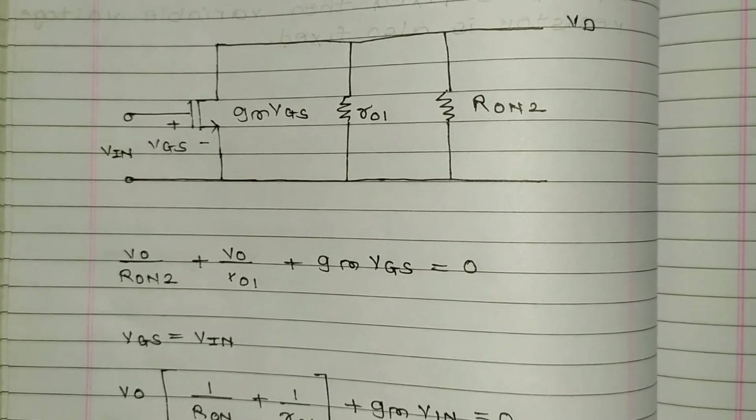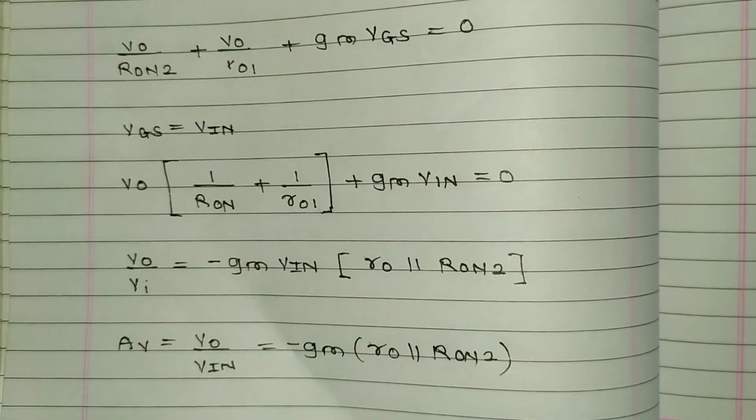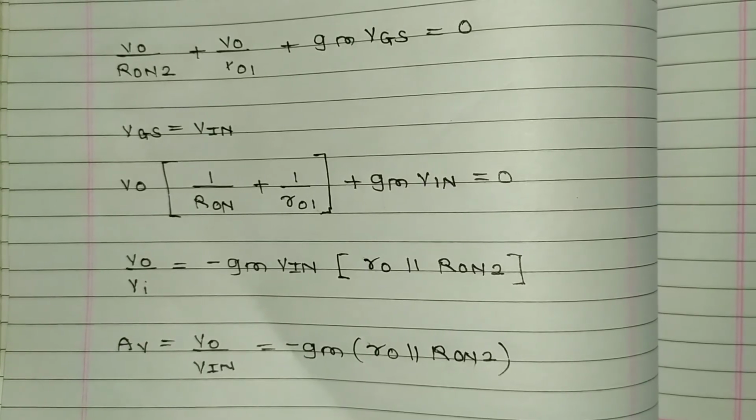In the next step, V0 is taken common. V0 in bracket 1 upon R12 plus 1 upon R01, plus GM V in, where VGS is replaced by V in, is equal to 0. Then V0 upon V in is equal to minus GM V in R0 parallel to R12.